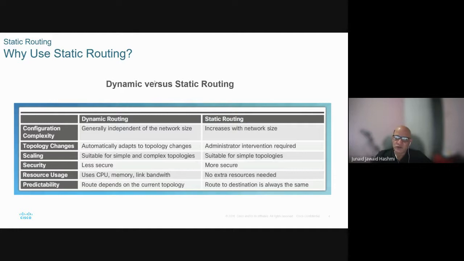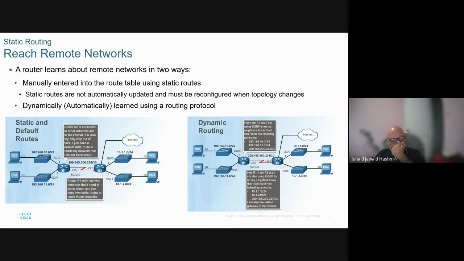Okay. Also, with static routing, if something goes wrong, if you look at this topology, for example, if this link G000 goes down, this route is no longer available.